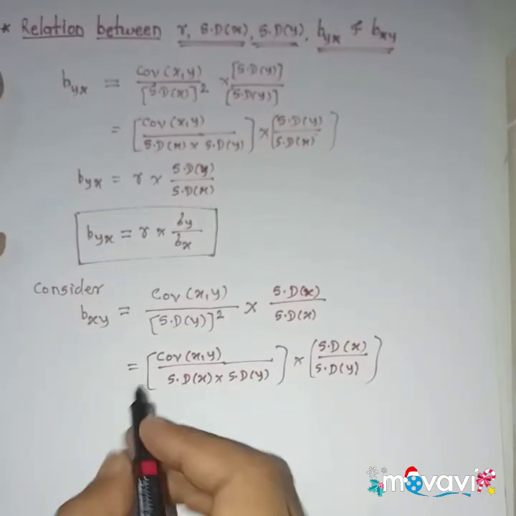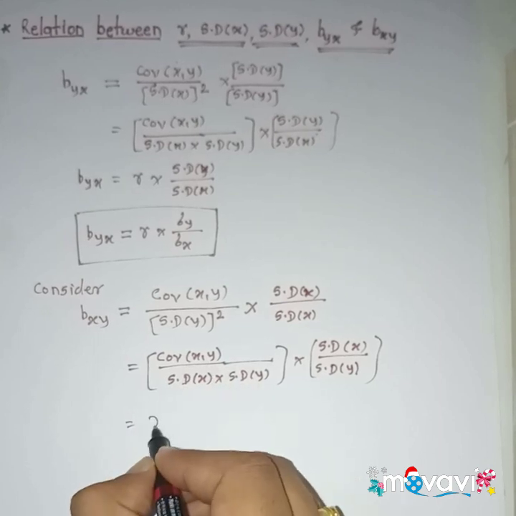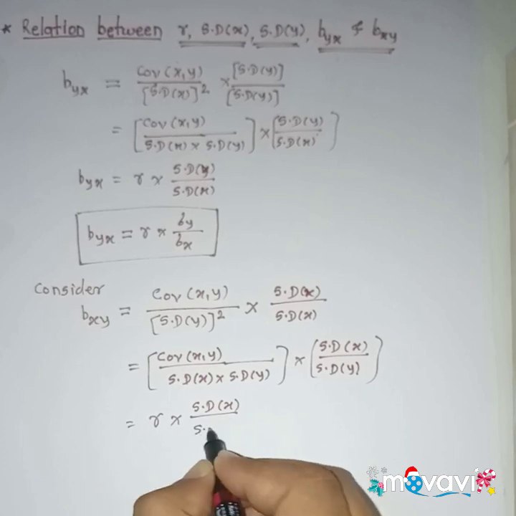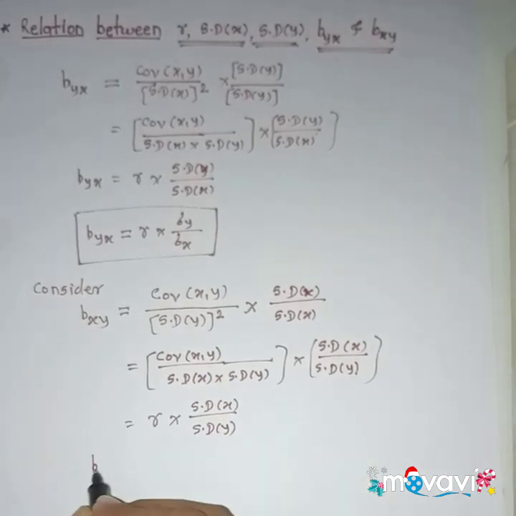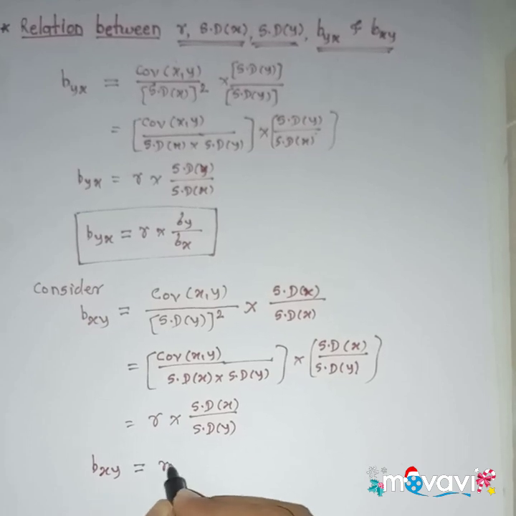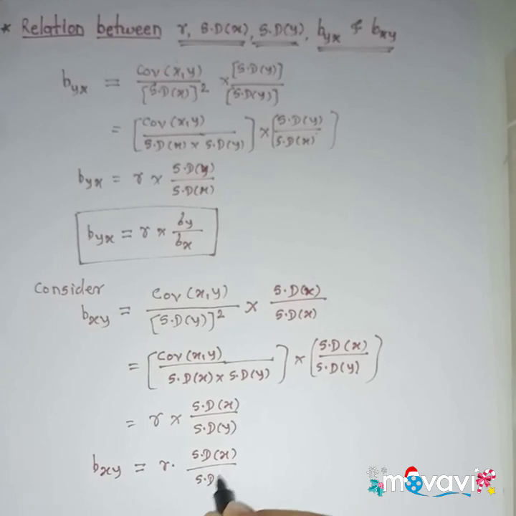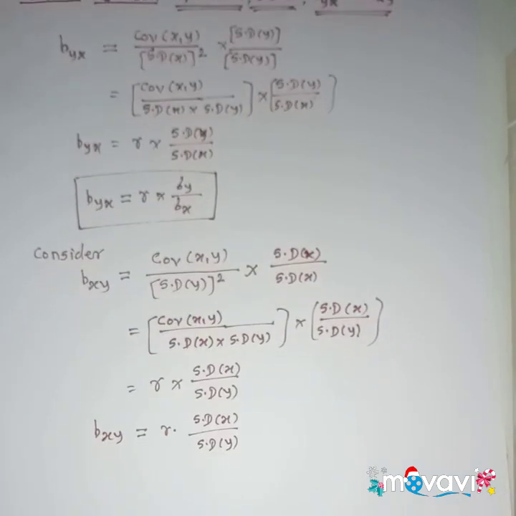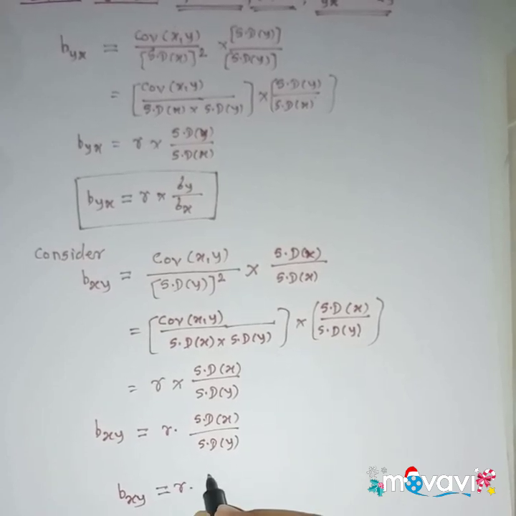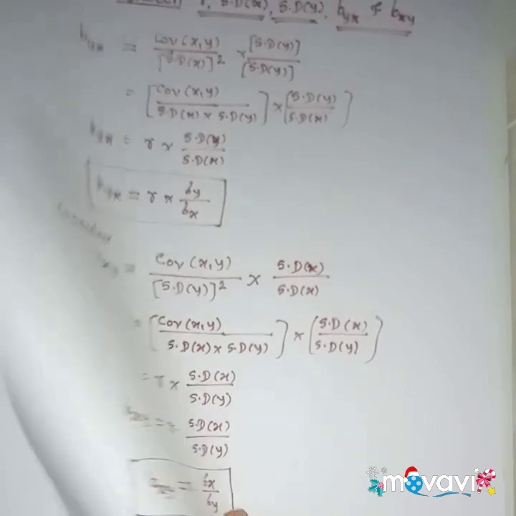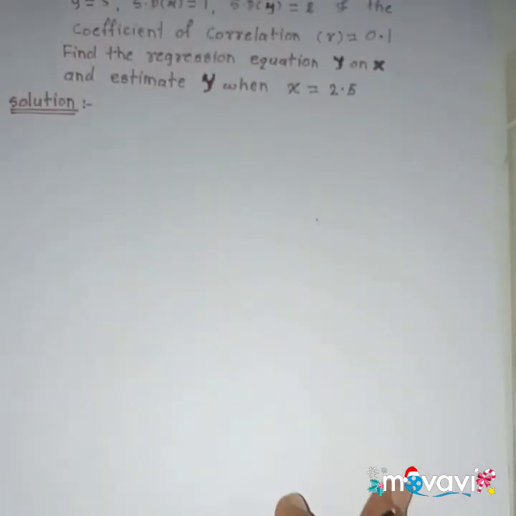So this bracket quantity is nothing but r. So Bxy is r into standard deviation of x upon standard deviation of y, or in symbolic form we can write this as Bxy is nothing but r into sigma x upon sigma y. This is our another formula. Then we take one example problem.